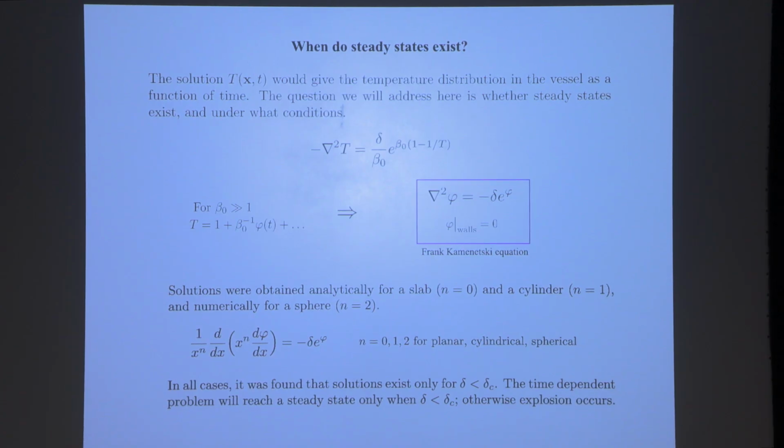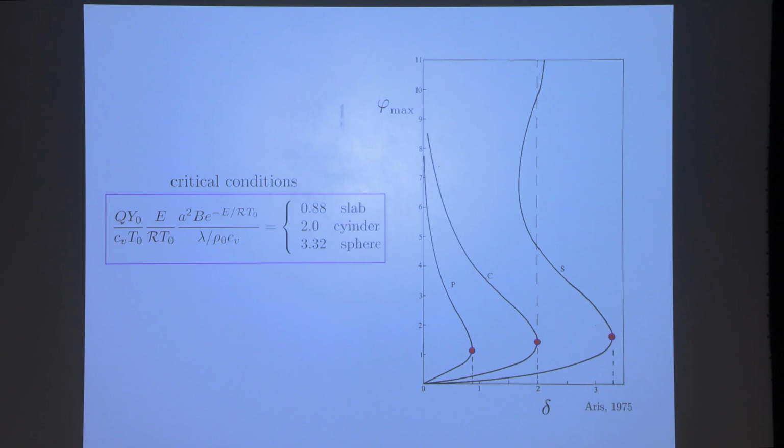Those are the curves that give you the critical condition and the turning point. This is for planar, and this is for cylinder. It's interesting that for the cylinder there is a very tricky way to solve the equation, and it gives you a delta equal to 2. But that's a curiosity, nothing more. And this is for spherical.